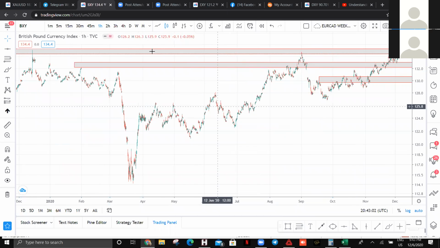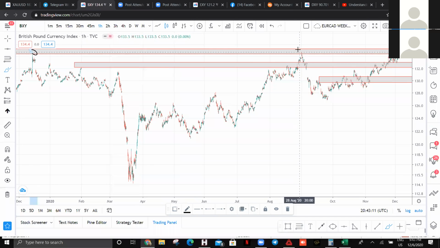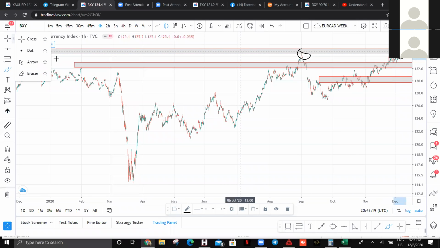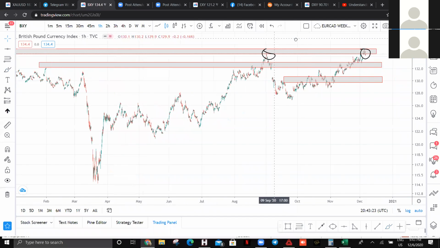Now you can clearly see what's happening here. This is a resistance, another resistance here, another one here, to show you that this zone is a powerful resistance zone. So price is going to do what's expected.